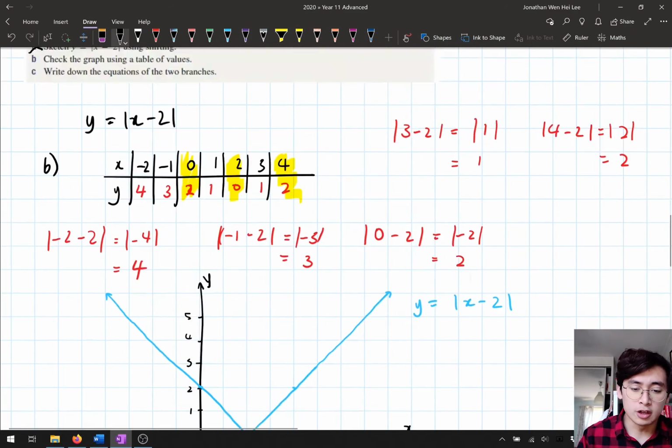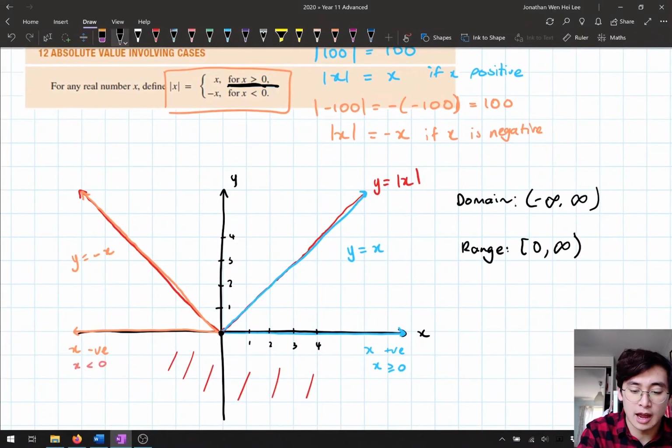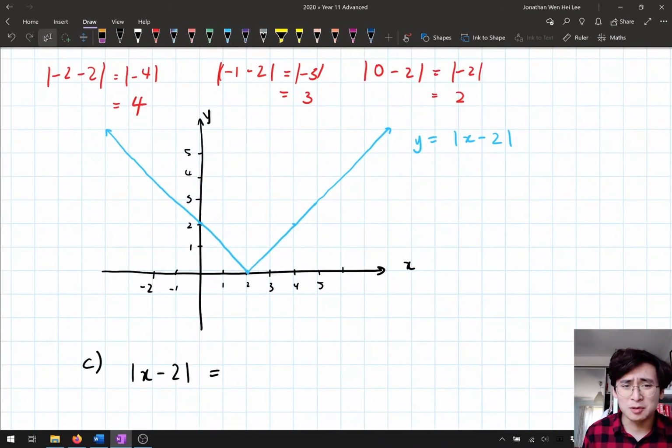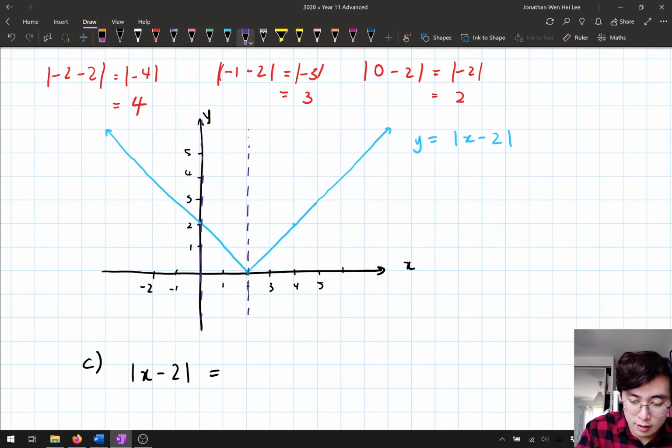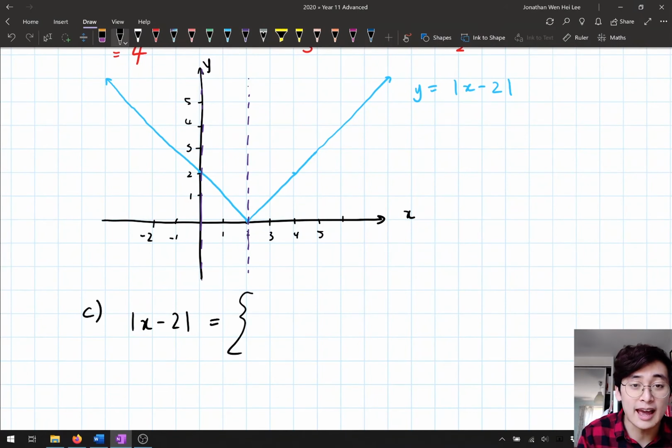If you notice, the tip point is kind of where this condition happens, because that is where we've got this V down along this middle line here. If you look at my absolute function that I've drawn here, the tip of the V isn't at 0, but it's actually at x is equal to 2. So our condition for our two branches is not going to be for x is greater than or equal to 0 or x is less than 0.